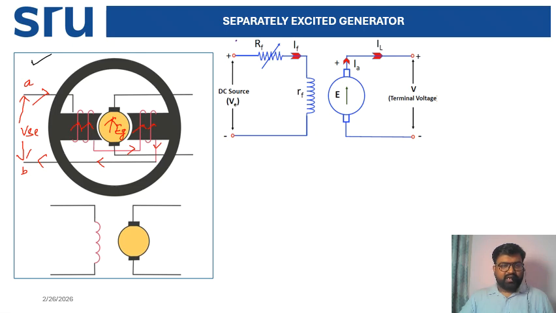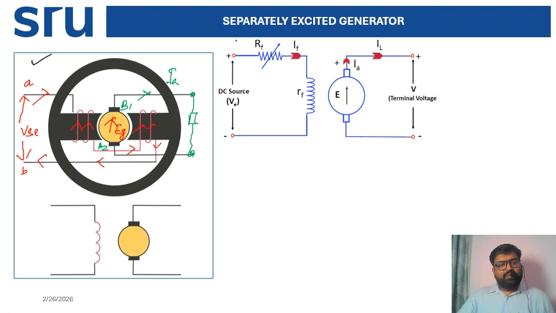Due to the generated EMF, we can put here V1 and V2. The current is going like this, right? And we can connect the armature terminal here, that is your IA, and we know that we connect the load to the armature. That means here we can connect the load.